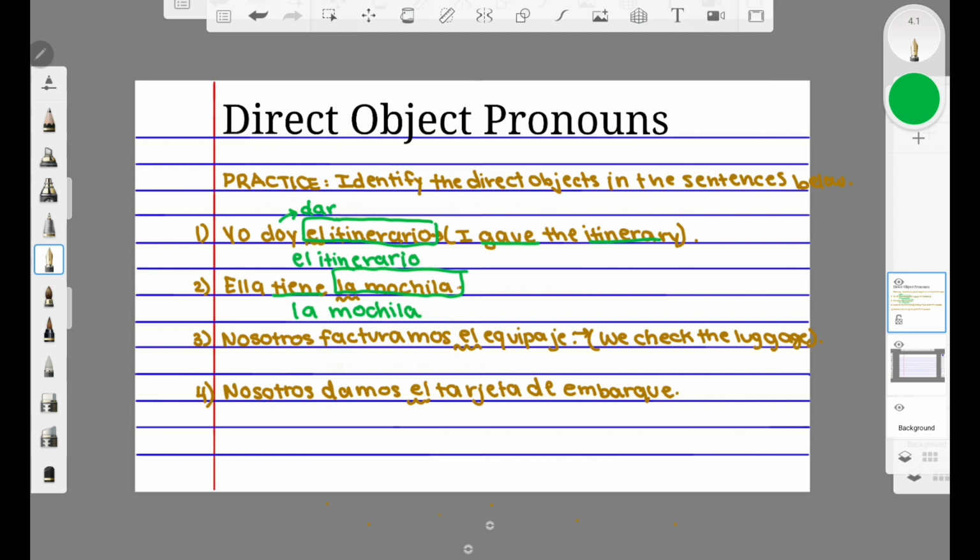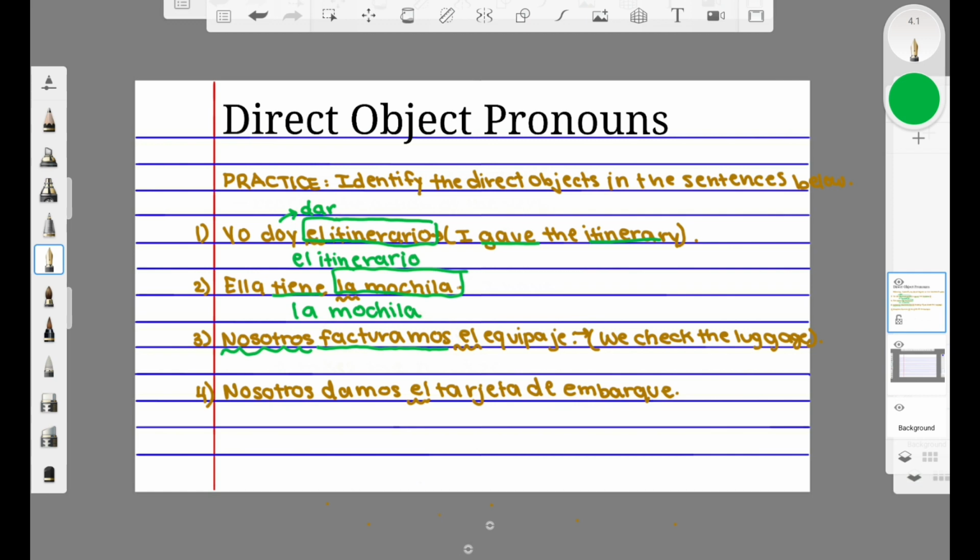Number 3, nosotros facturamos el equipaje. Facturamos comes from facturar. It's just a conjugated version for nosotros. Remember that whenever we have a verb, we have to conjugate it to the subject pronoun given. So nosotros ending is amos for AR verbs. So make sure to go rewatch the conjugation videos because those are essential to Spanish.